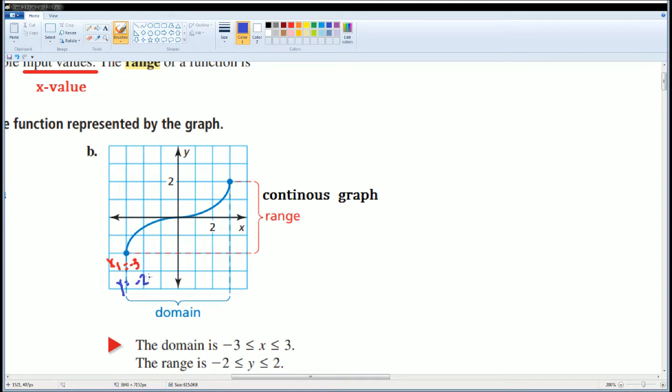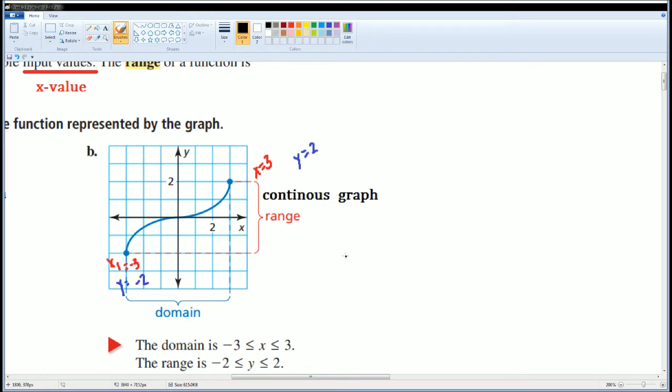Then it goes all the way to this value, where x is 3 and y is 2. Do you see how it goes all the way from -3 to 3? That's what they wrote here. And the range goes from -2 all the way to 2.